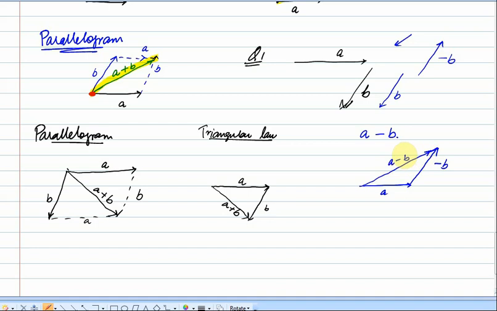Negative does not affect the magnitude, negative only changes its direction. If this vector is in the positive way, then the negative way will be this vector, and we discussed the same concept in negative of a vector.